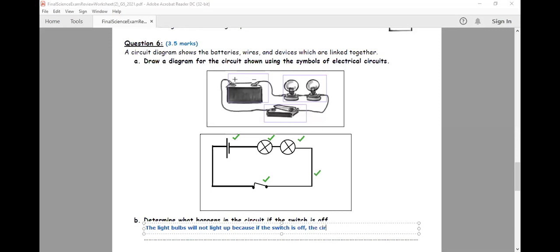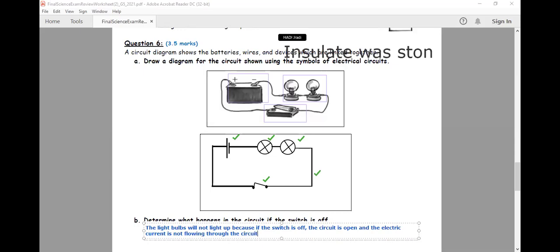Okay, the circuit is open and the electric current, is the electric current flowing? No, it cannot pass through. Flowing through the circuit. You have to tell me why. So there is no electricity flowing in the circuit that can light up the light bulbs.